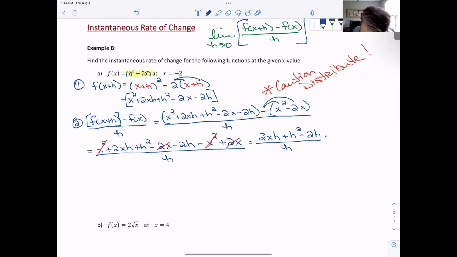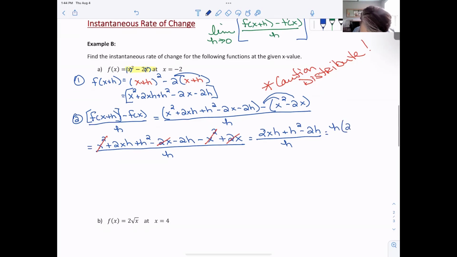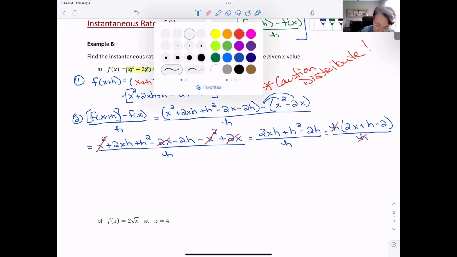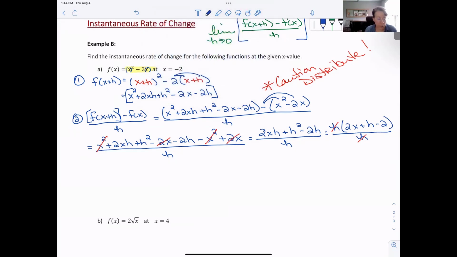So we can think of it this way. We can factor out an h up top. We factor it out, and we'll have h times 2x plus h minus 2, all over h. These h's reduce. Yay! That means we can find the limit fairly easily because it's just a nice polynomial expression.